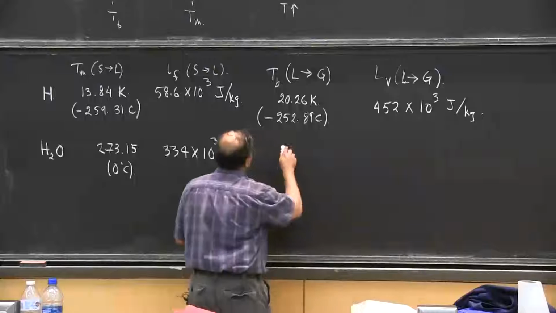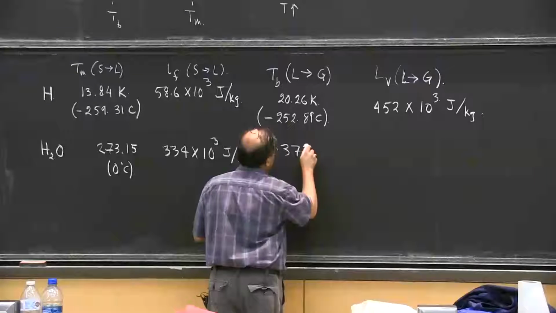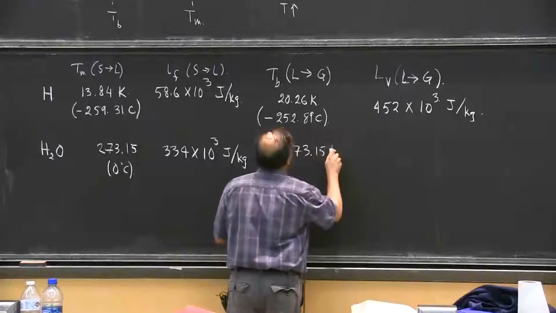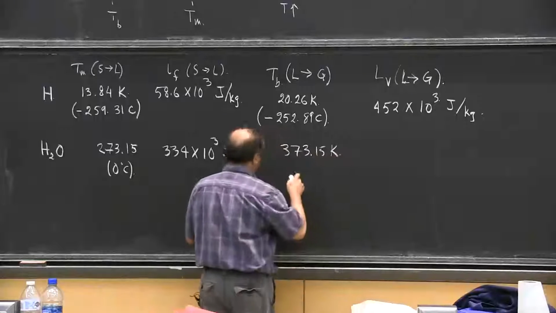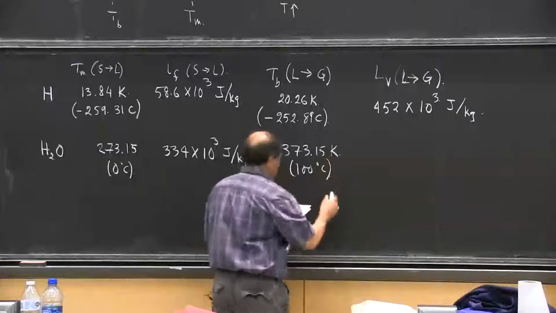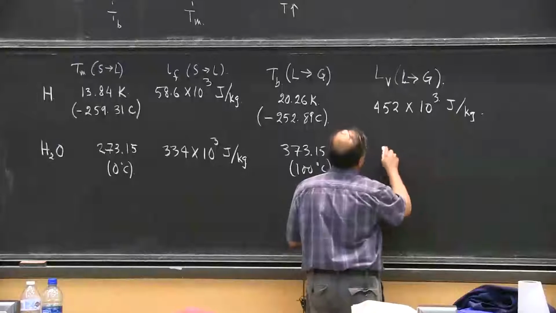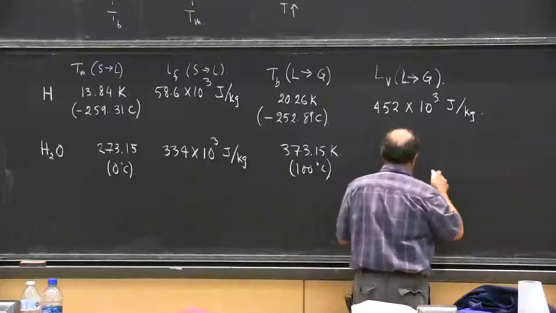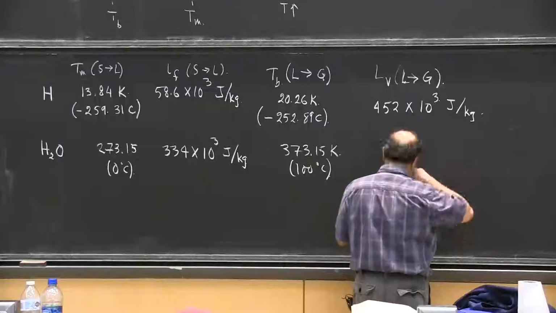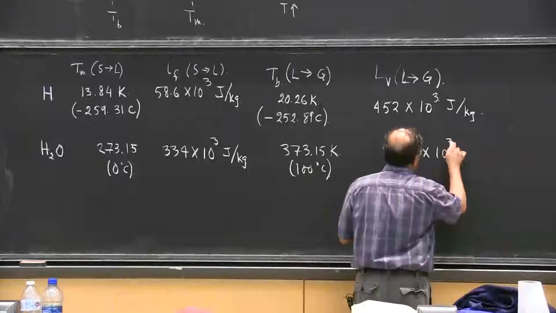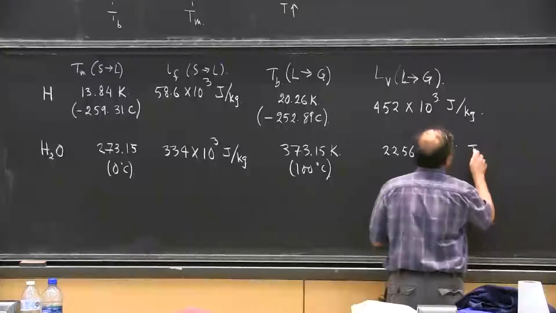We all know that water boils at 100 degrees, so 373.15 Kelvin, so that would be 100 degrees Celsius here. And look at this, the amount of energy needed to convert liquid to vapor is this. So steam holds an enormous amount of energy.